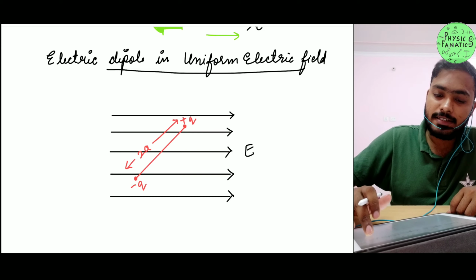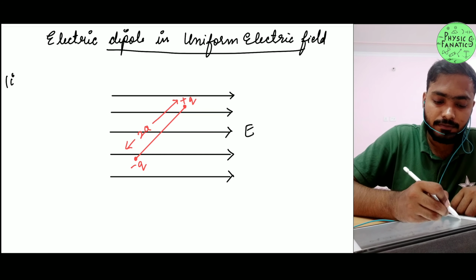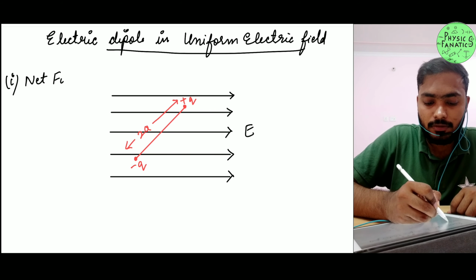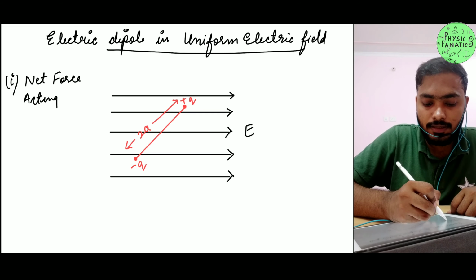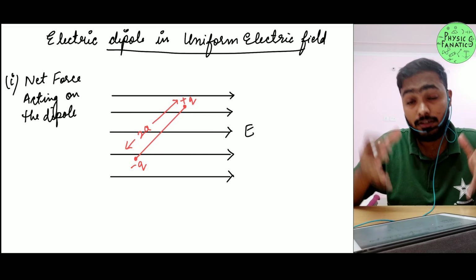So two things I'm going to find out here. Number one is the net force acting on the dipole. What will be the net force acting on this dipole, which is kept in this uniform electric field?